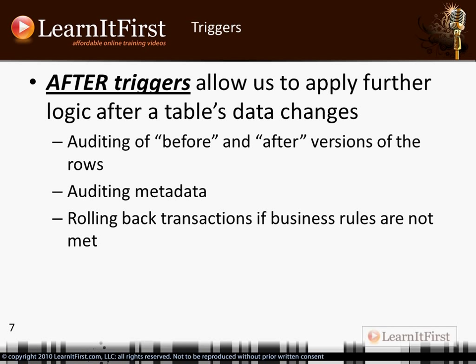So generally speaking, my rollbacks would be in an instead of trigger. I would have some logic at the beginning that looks up that business rule information and says, no, this would violate our business rule. I'm going to roll it back before you even make the change. The difference could be 20 minutes. I could instantly roll back an instead of trigger because no change has been made. Or if I did the same in an after trigger, it takes 20 minutes to actually do the database change, and finally my after trigger fires and then rolls everything back. It takes 20 minutes to roll it all back. So be aware of that.